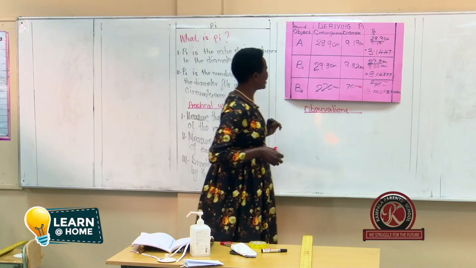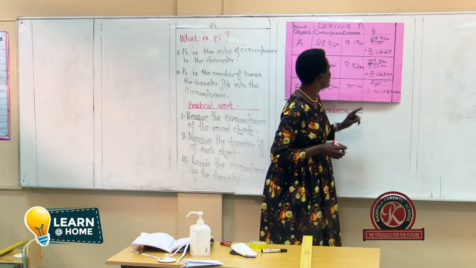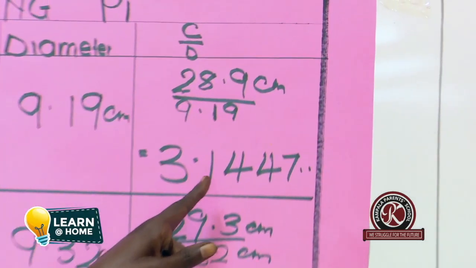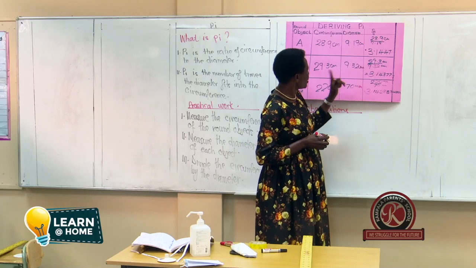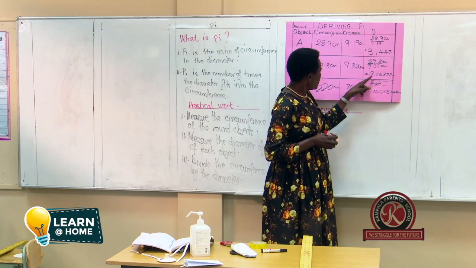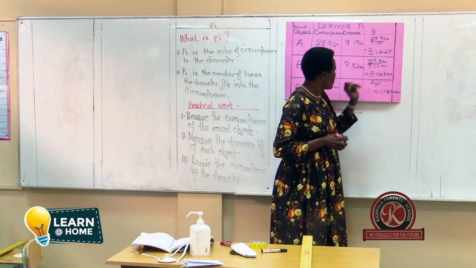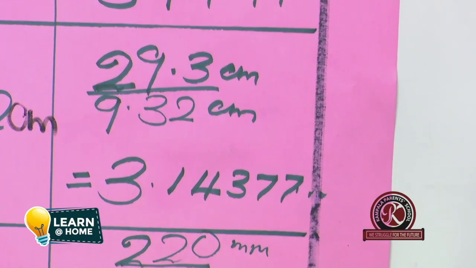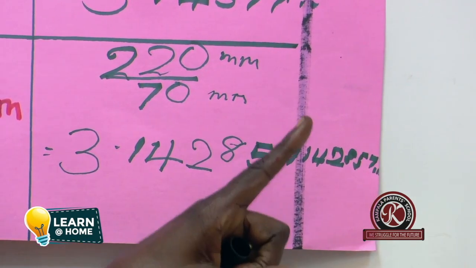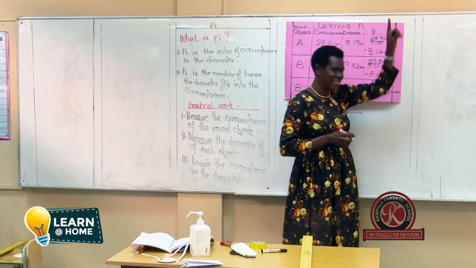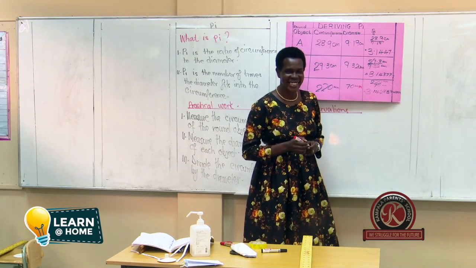So when we look at these decimal numbers, here we have 3.1447. All these are recurring decimals. 3.14377. And then this one here we have 3.142857, 142857, and the rest of it.